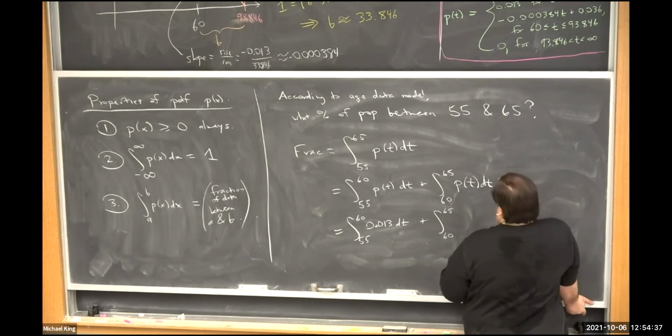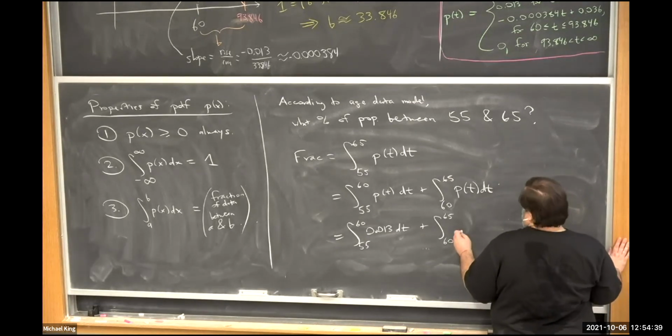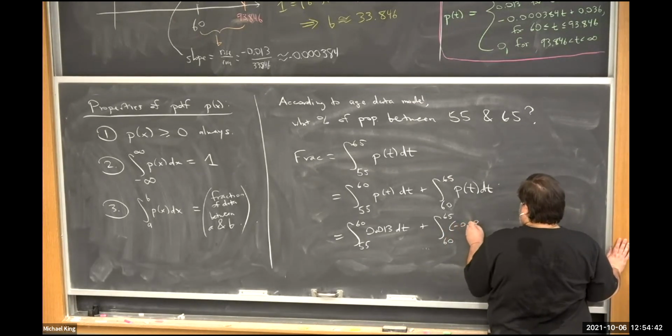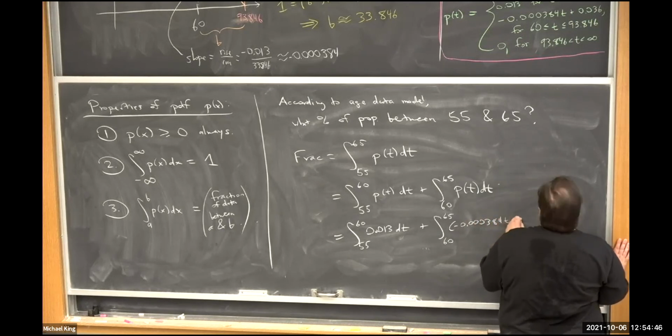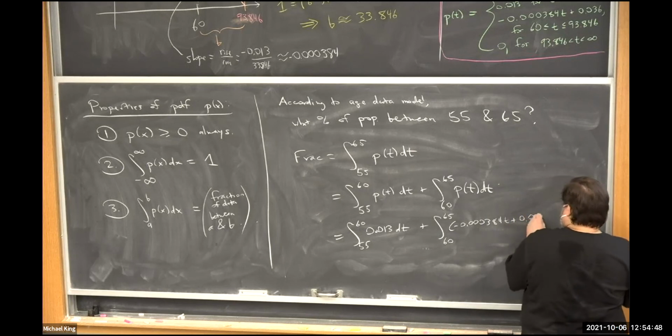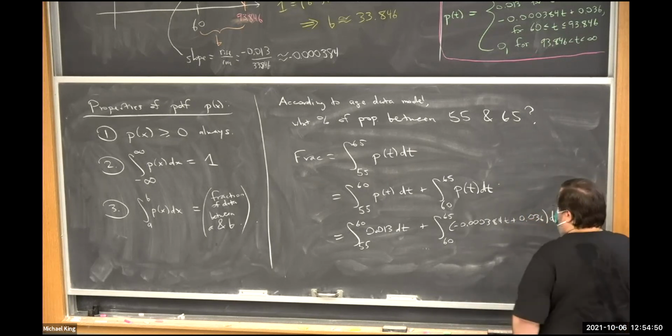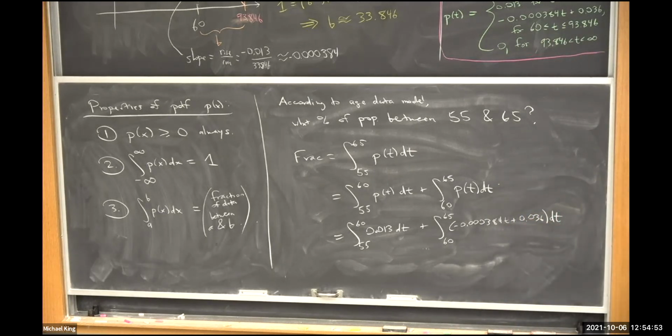Oh my God, why did I do this? Negative 0.000384t plus 0.036 dt. But one thing is we should get a number between 0 and 1, and it should go with our original data to some extent.